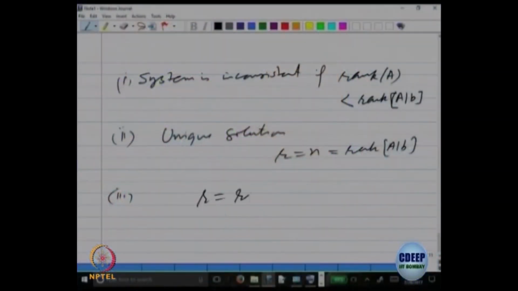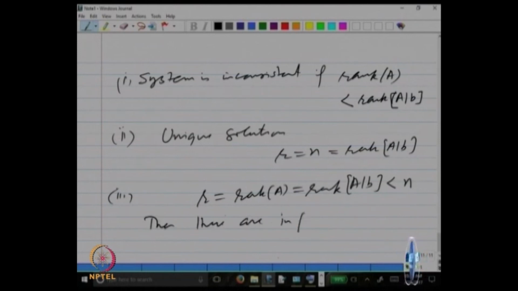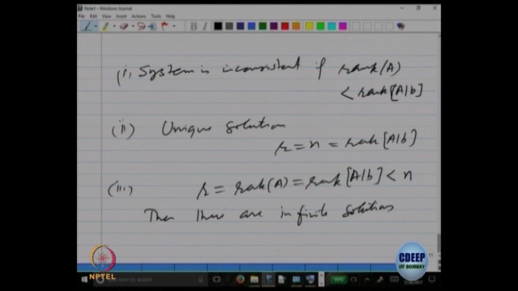And the third, R equal to rank A, which is also equal to rank A B, the system is still consistent, but this is strictly less than n, right. So, then there are infinite solutions. So, this result is interpreted in terms of the rank, right.